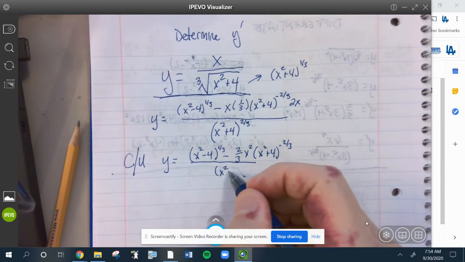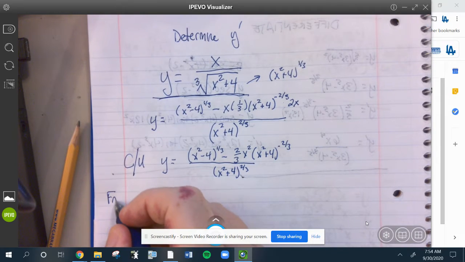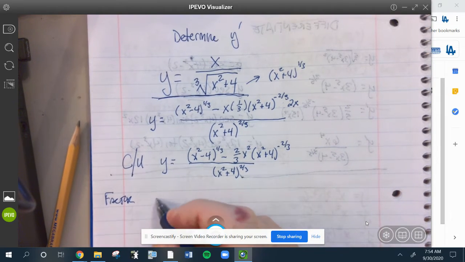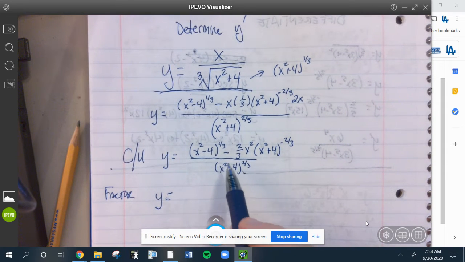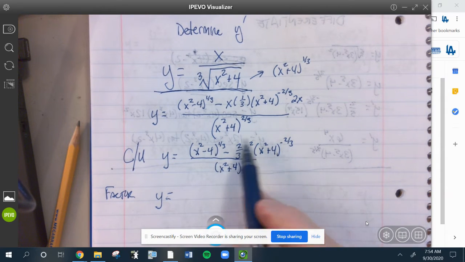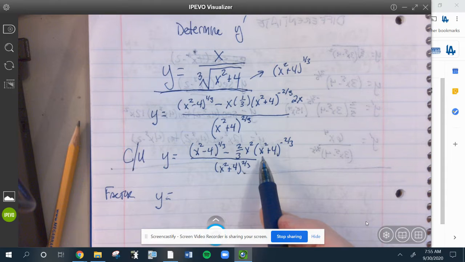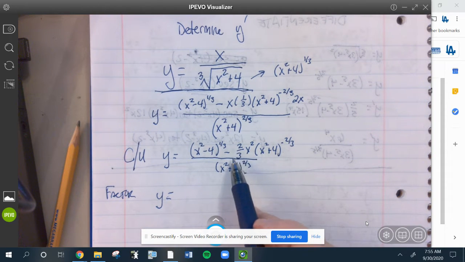And now we're ready to factor. So, looking at this, the only common factors here, well, you can clearly see x squared plus 4 to the negative 2/3. But this one has a denominator.